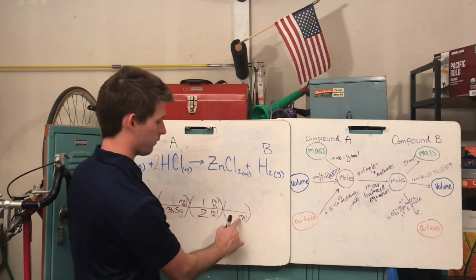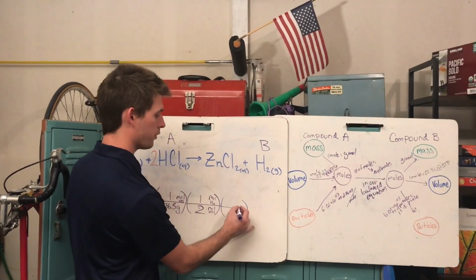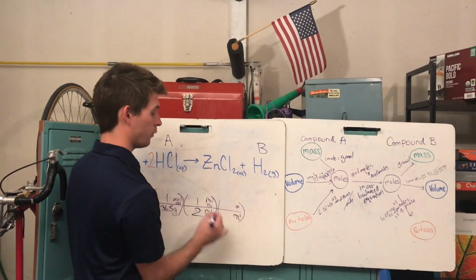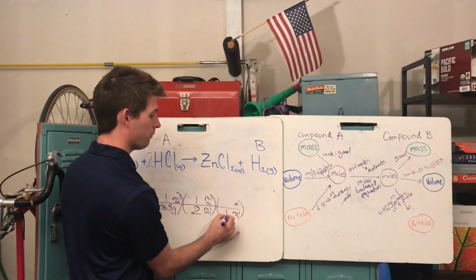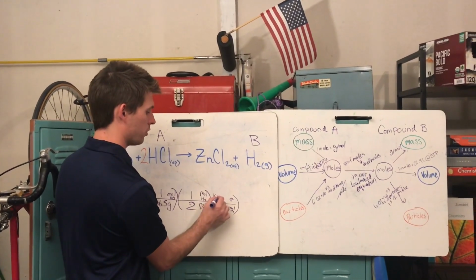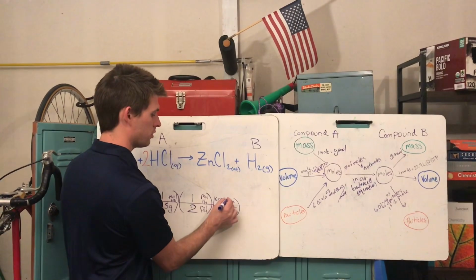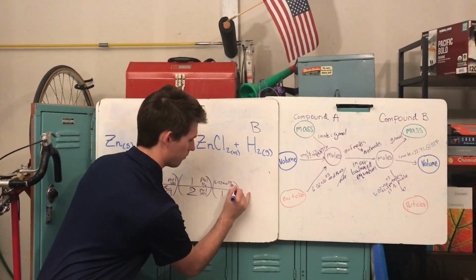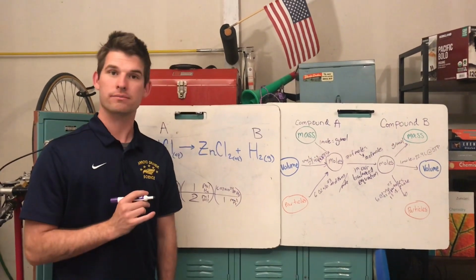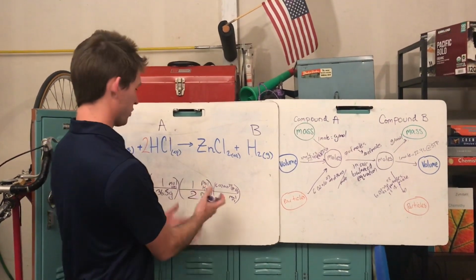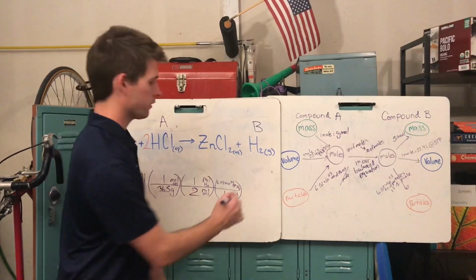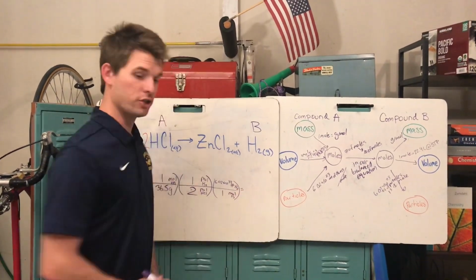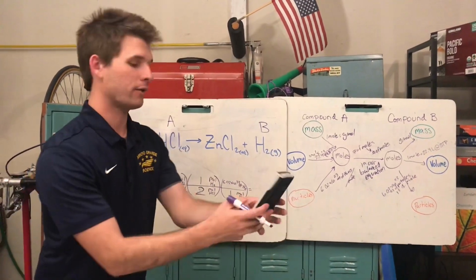And so we convert moles to number, and we do that by saying that 1 mole is equal to 6.02 times 10 to the 23 number of things. And in this case, it's number of hydrogen gas particles. And so actually, this is all the work. And now we just use our calculator and plug this in.